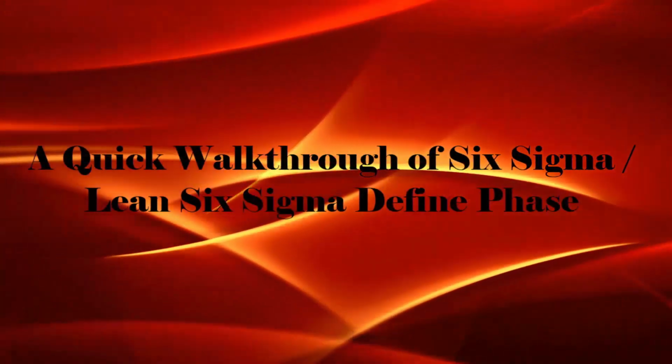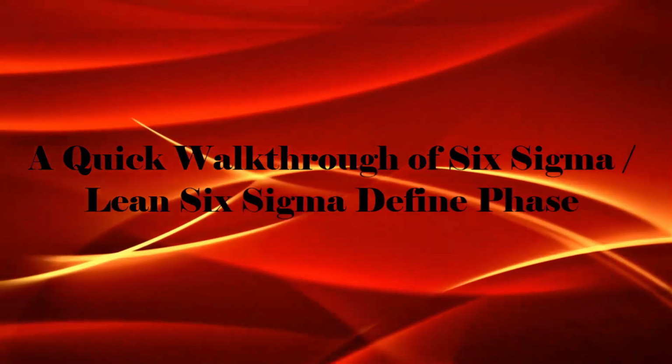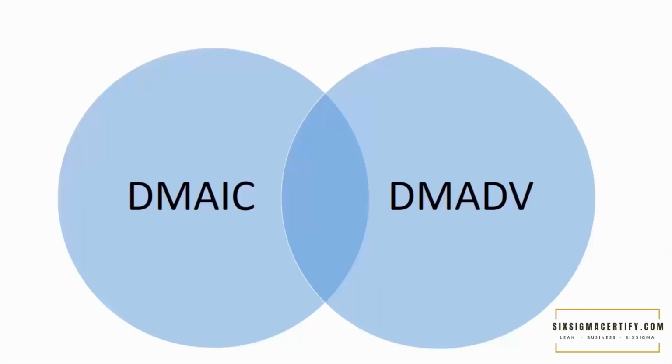Six Sigma operates on the DMAIC and DMADV cycles, which are the improvement cycles. DMAIC is basically used for existing businesses or processes, and DMADV is used for new business processes or services, or when we entirely change the existing business or services.